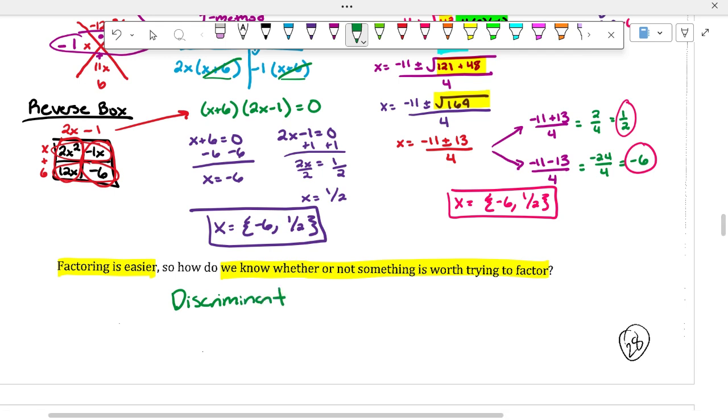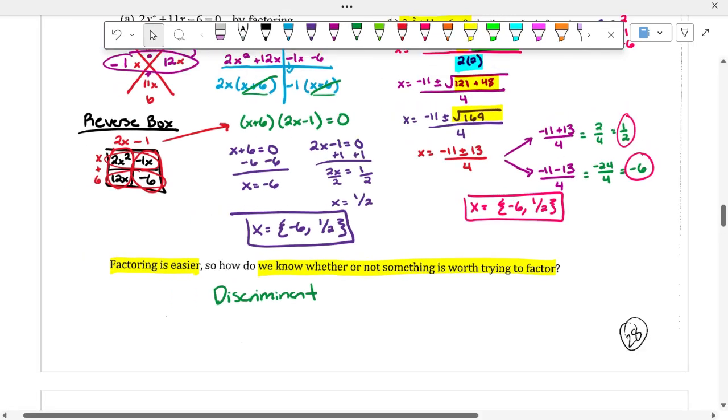So if you can't tell if it's worth trying to factor or not, because factoring is 100% easier, take the discriminant very quickly of the equation, and that'll tell you if it's worth it or not. Because remember, if it's worth factoring, that means the discriminant is positive or 0, and the discriminant's a perfect square.